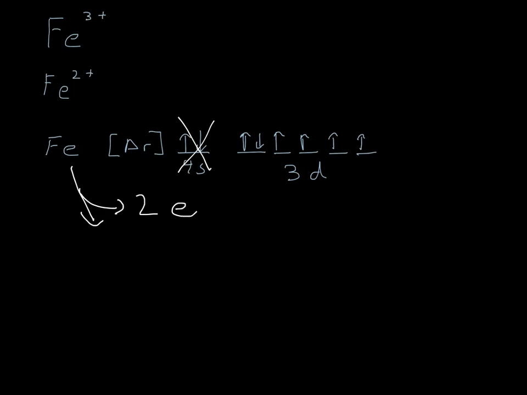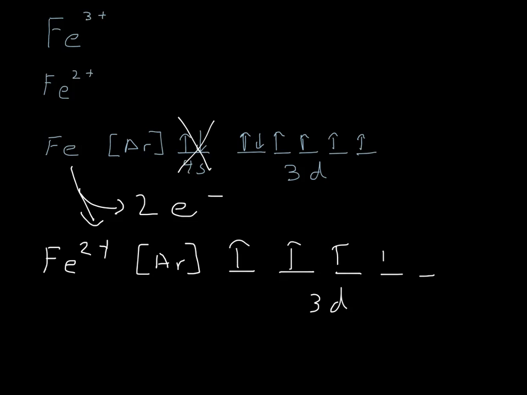They're going to do the minimum required of them in life, and they're going to lose those 2 4s electrons. And when it does that, it forms an iron 2+ ion, and it obeys the octet rule. It meets the minimum requirements in life.